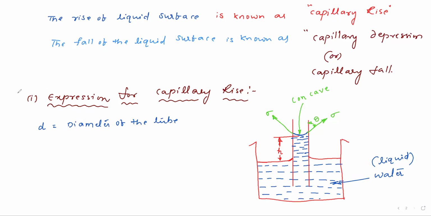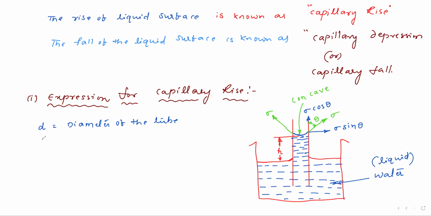So let me resolve the surface tension. Here this tangential surface tension will be resolved horizontally and vertically, right? So this theta is with respect to vertical, then this one will be sigma cos theta, and horizontally it is sigma sin theta. See, very basic mathematics, right?